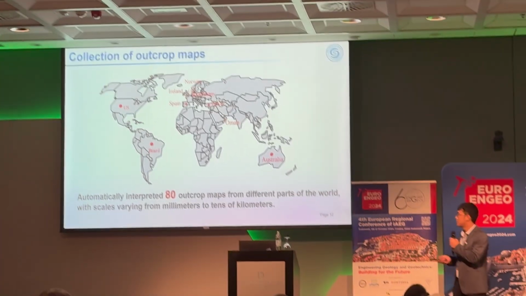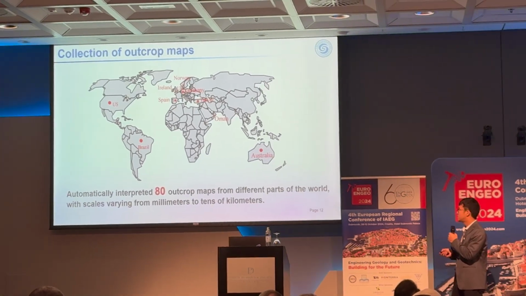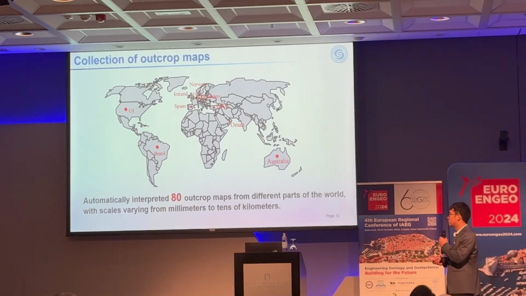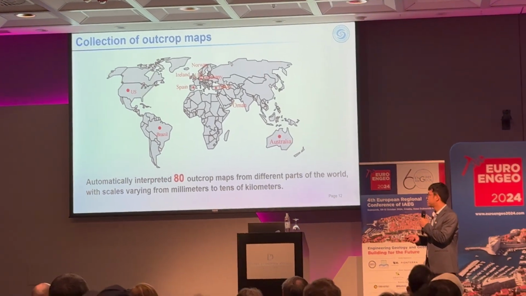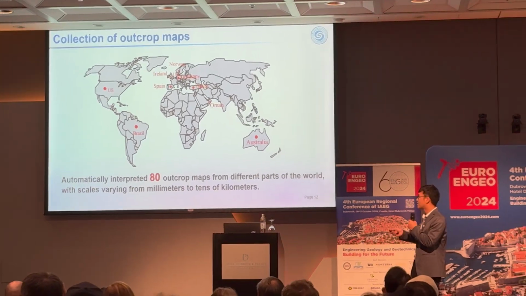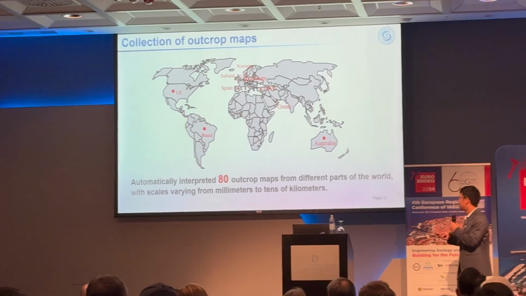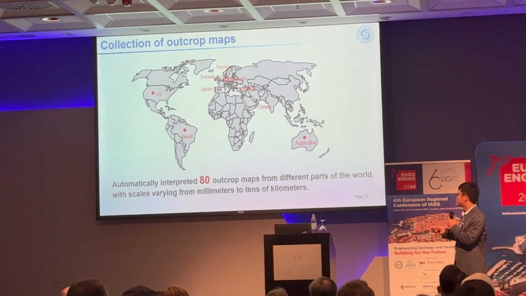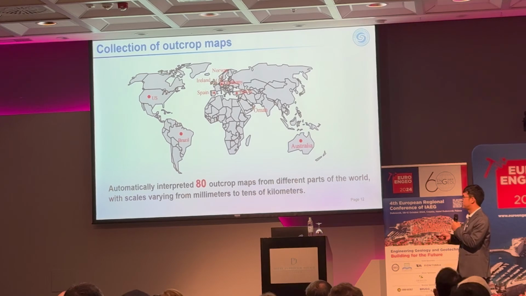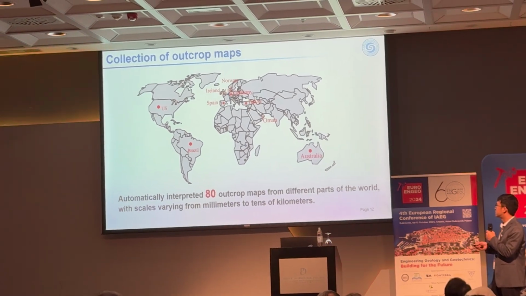With this technology, we automatically interpreted 80 outcrop maps from different parts of the world, with scales varying from millimeters to tens of kilometers. I collected those outcrops from publications, so we only use the fracture detection algorithm to interpret those fracture networks.